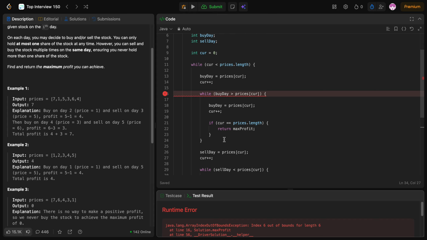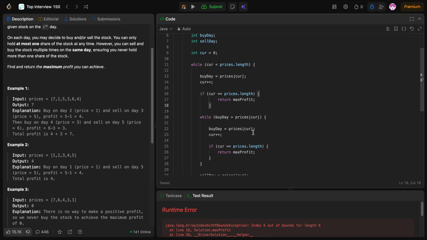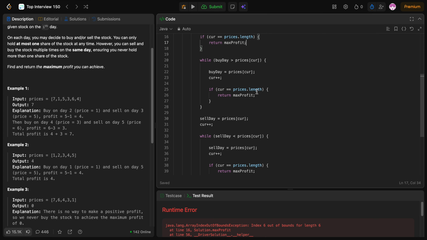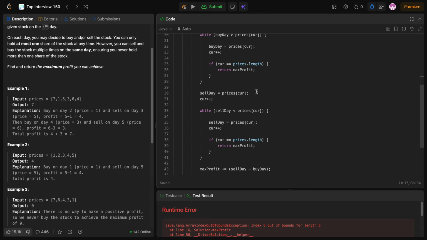Okay, let me put this check here as well. I think I'm overdoing it with these checks, but I just want to make sure that we're not getting that index out of bounds exception. So yeah, okay, let's do this.